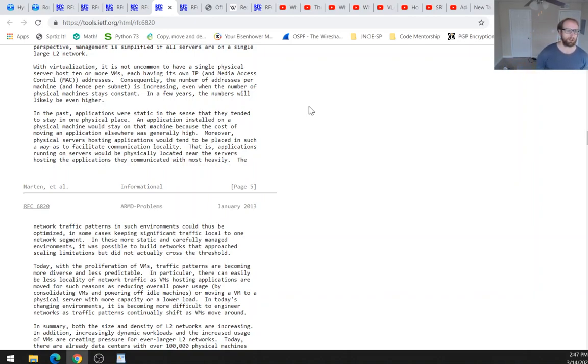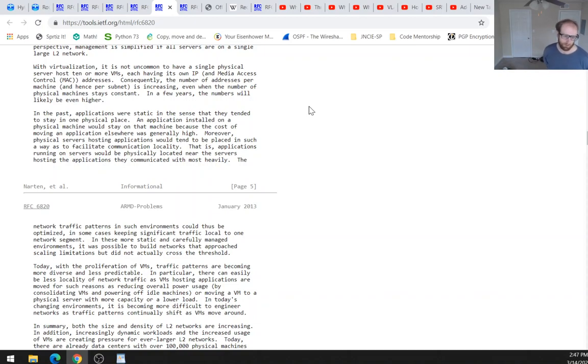That is, applications running on servers would be physically located near other servers hosting the applications they communicated with most heavily. The network traffic patterns in such environments could thus be optimized, in some cases keeping significant traffic local to one network segment. In these more static and carefully managed environments, it was possible to build networks that approached scaling limitations but did not actually cross the threshold.